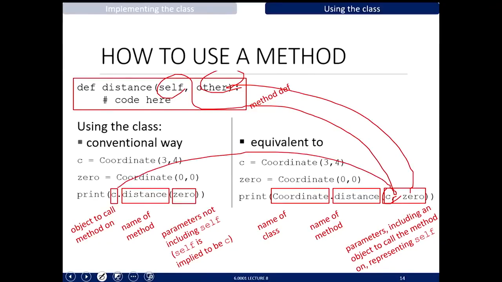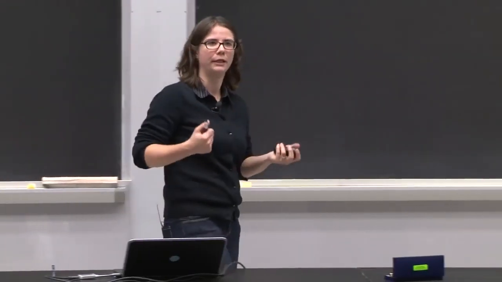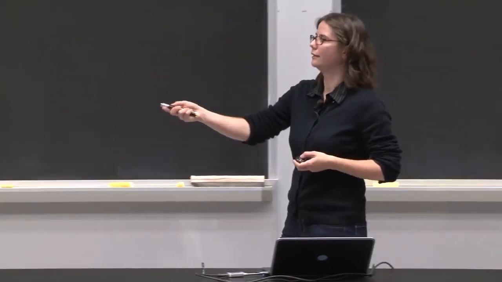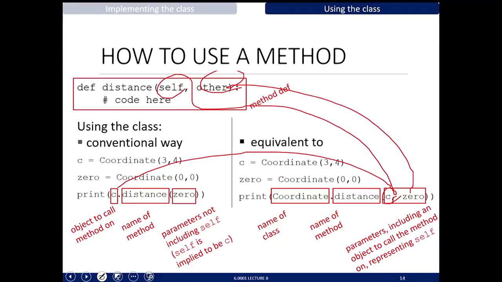As I mentioned, if you're doing the one on the left, you can call this method on a particular object, and Python will look up the type of the object and essentially convert the one on the left to the one on the right. And this is what you've been using so far. When you create a list, you say L is equal to [1, 2], and then you say L.append(3) or whatever. So we've been using this notation on the left pretty much from the beginning of class.